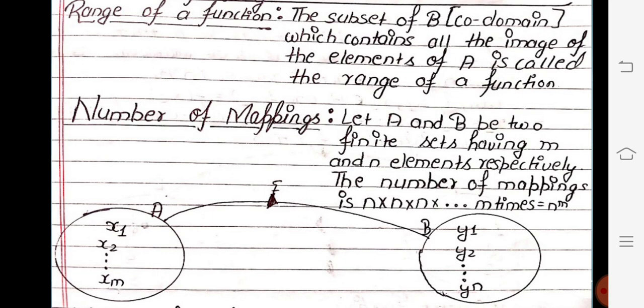Now number of mappings or functions. If f is a function from A to B, the number of mappings means how many different functions from A to B can be defined. Let A and B be finite sets having m and n elements respectively, then the number of mappings from A to B is given by n to the power m.